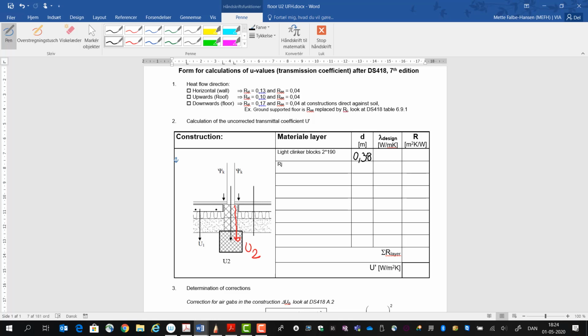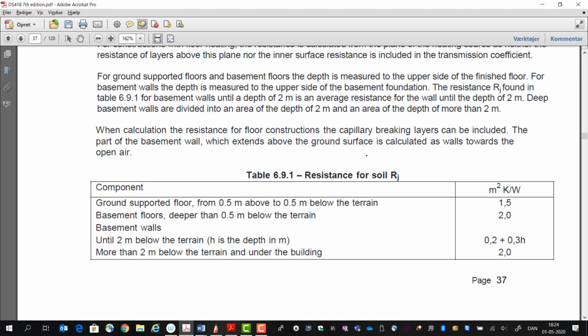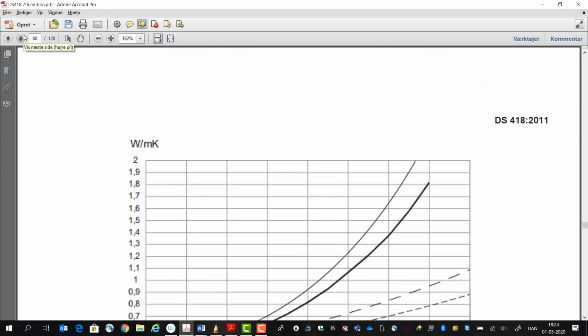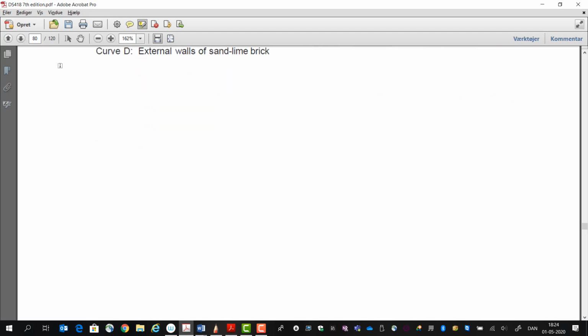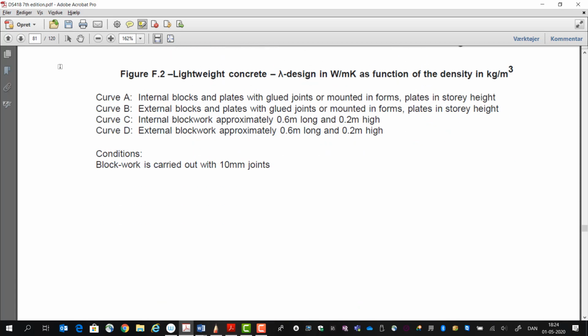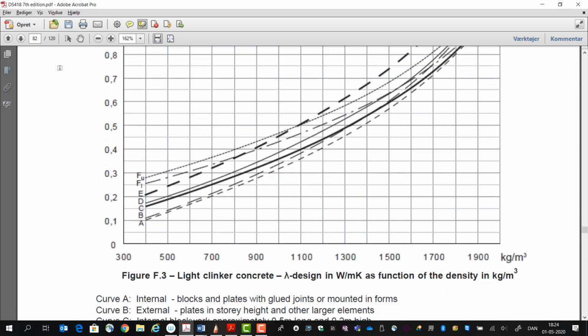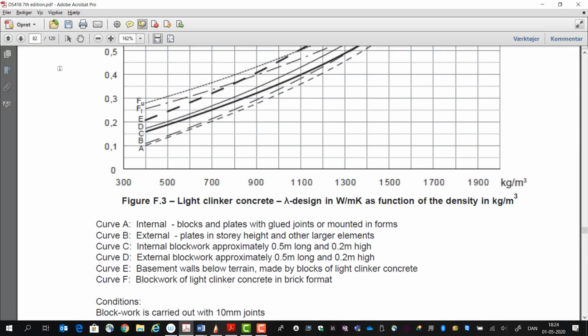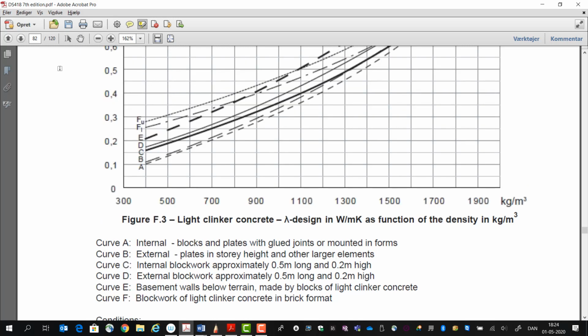So we go to DS418, and I go down to the graphs where I have the lambda values on page 80. And then I have to find the light clinker blocks. And I have them here. And then this one here, that will be curve E, where we have basement wall below terrain. That's the one I will use.